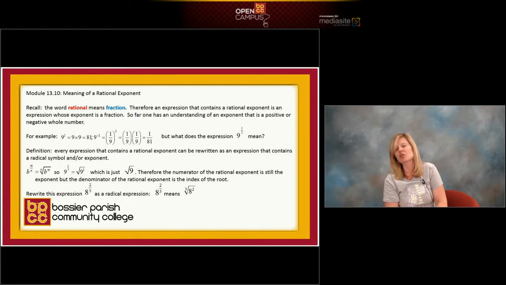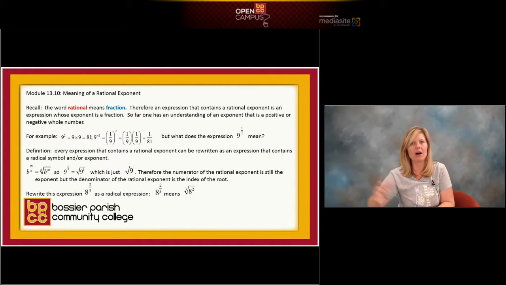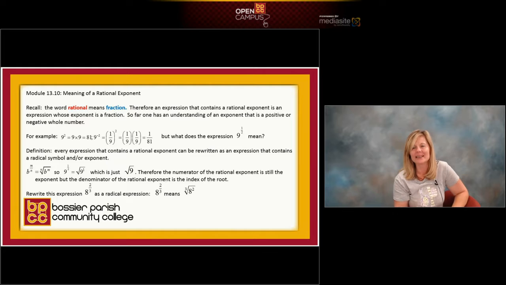Look at my next expression, 8 to the 2/3. That doesn't make sense. How can you take base 8 and write it 2/3 times? You can't. So we've learned since the beginning of this course, exponents must be positive whole numbers to understand their meaning. So if your exponent's a fraction, that's telling you you must rewrite this expression. And when you rewrite this expression, it will have a root and it will have an exponent.